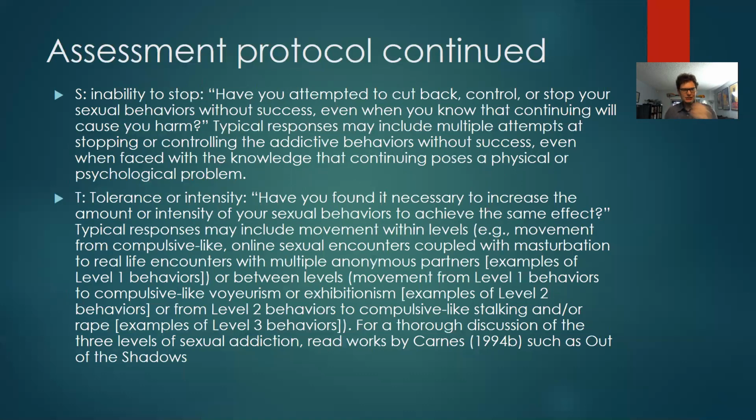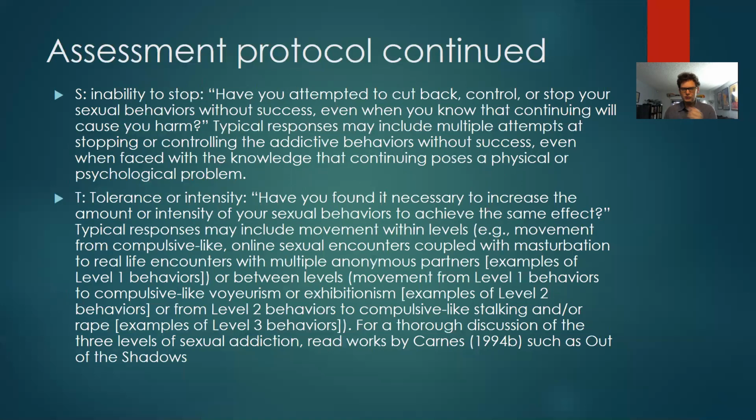A couple of comments just in terms of this model. Carnes noted that there are various levels of sexual addiction, and I've listed those here on this PowerPoint. But I think that's what we're talking about when we look at tolerance. Are you at a minor level, a level 2 behavior, or a level 3 behavior?